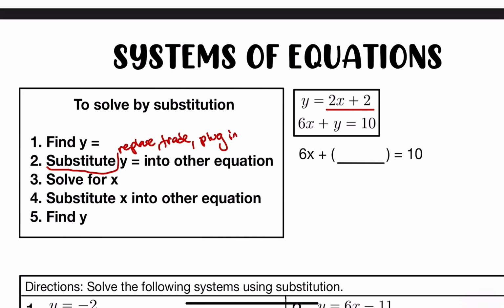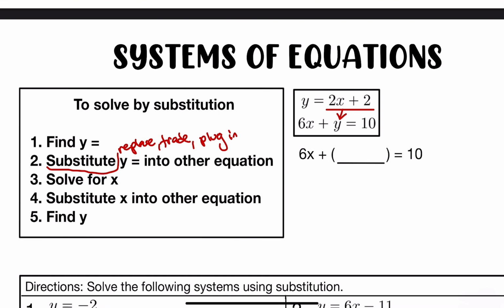All right, step number 2, substitute y equals into the other equation. So I'm going to take this entire bit here, this 2x plus 2, and I'm going to put it in for my y. So I'm just going to trade it out. How I'm going to do that is I'm going to copy this exact line, but instead of y, I'm going to put in this thing.